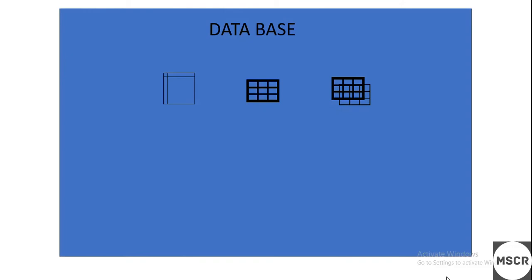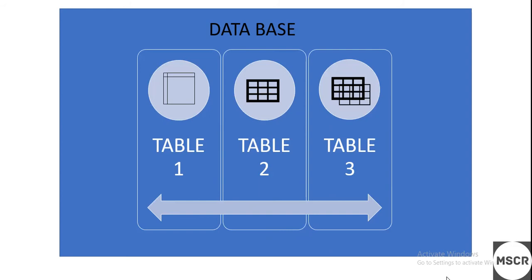You can see on the screen the big blue color box; consider it as a database. Then we create tables inside the database. Say table 1, table 2 and table 3 are the tables created inside the database.